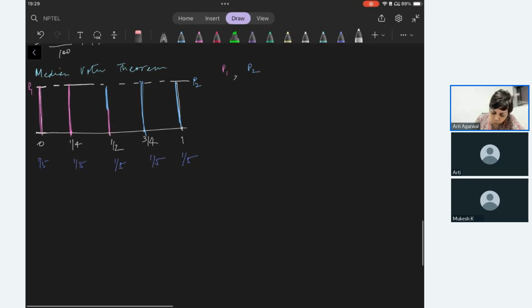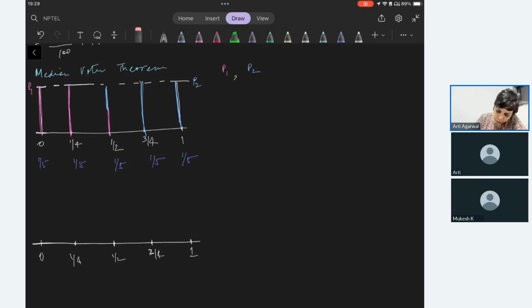This is what we're going to do in the median voter theorem and similar kinds of problems. We first characterize and lay down all the possible strategy positions, and then we see what the payoffs are at those positions for all the players. And then we see if they have any incentive to deviate, because the Nash equilibrium is when there is no incentive to deviate.